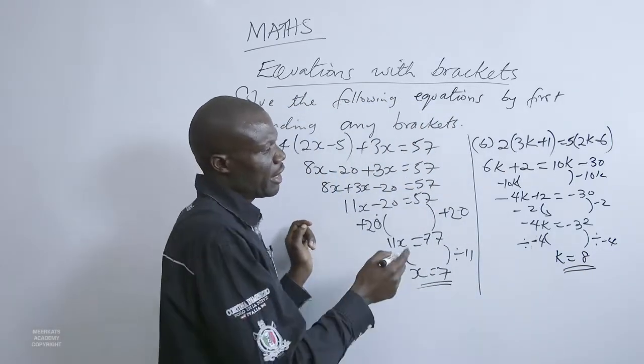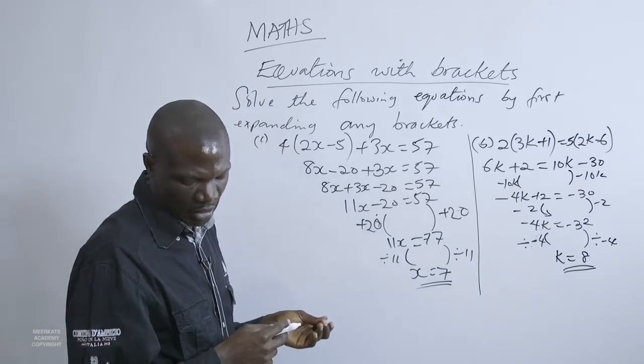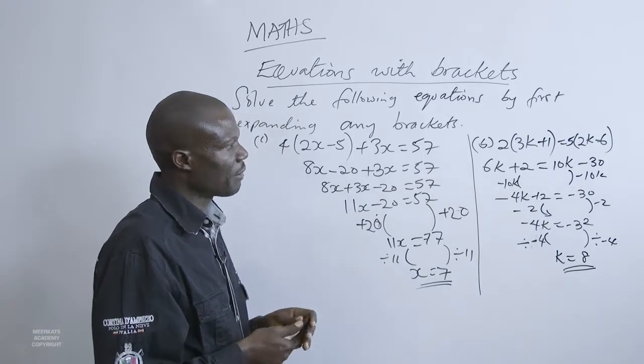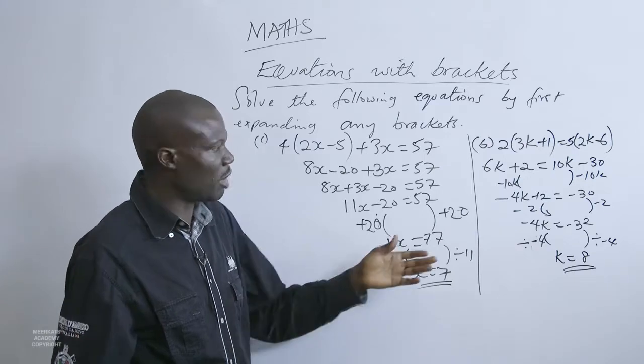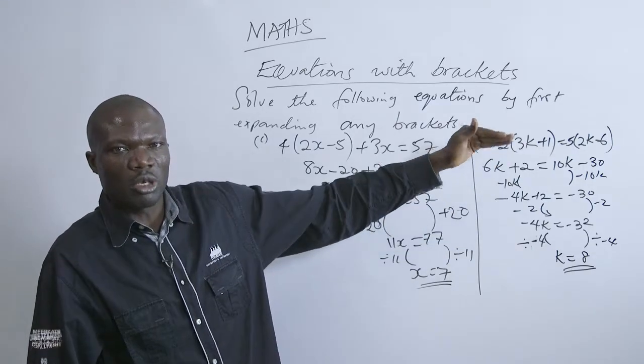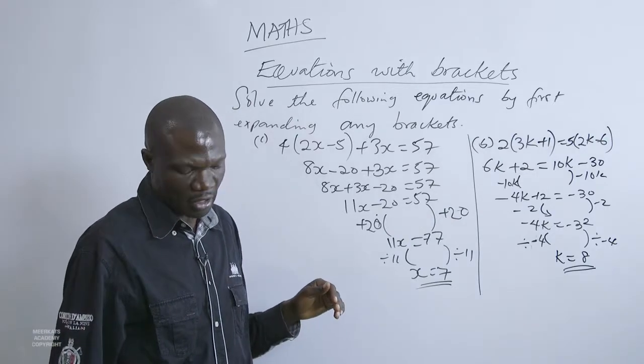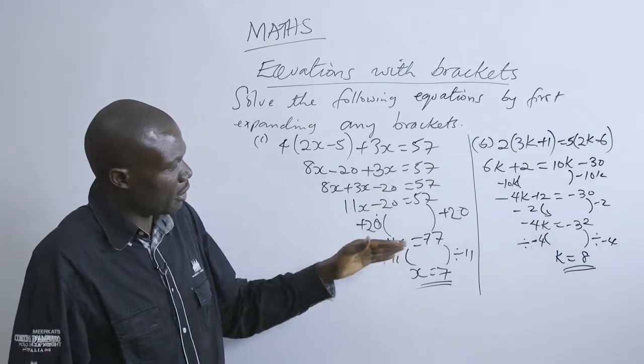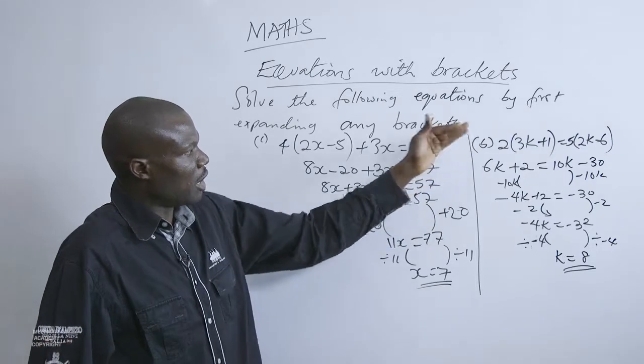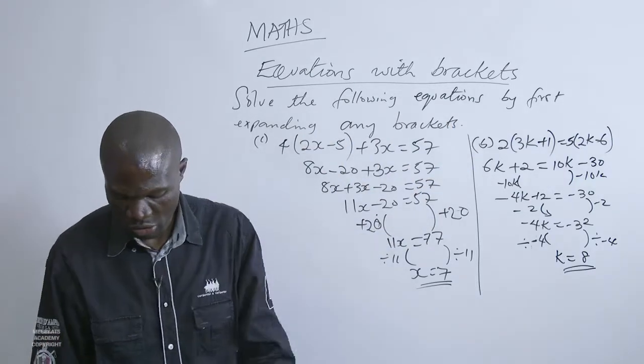So we find that k in this case is equal to 8. K is 8. So we've been able to expand brackets on both sides until we arrive at the answer after working on the two questions.